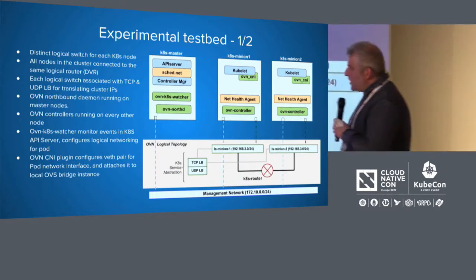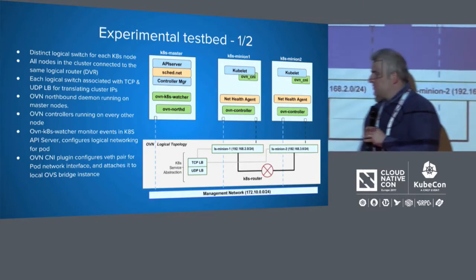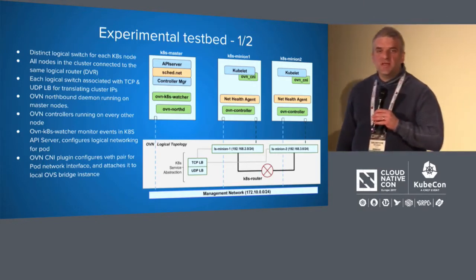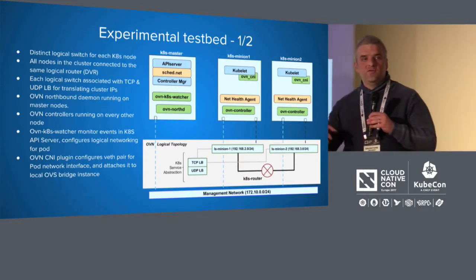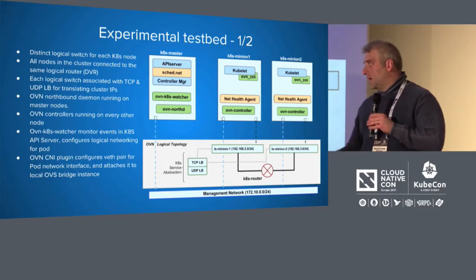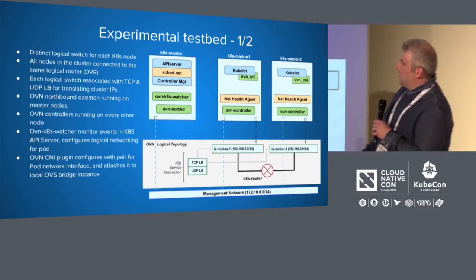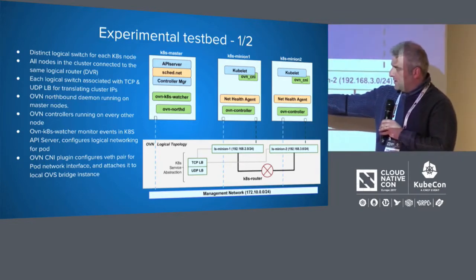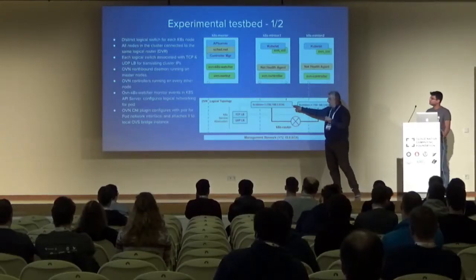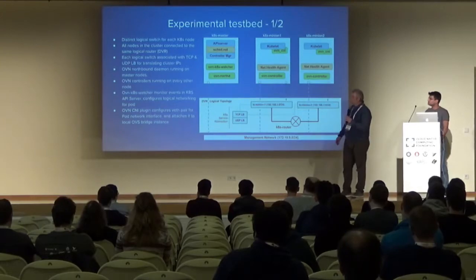For implementing the Kubernetes service abstraction, it doesn't leverage the kube-proxy component, but instead leverages OVN's layer 4 load balancing capability to implement an east-west distributed load balancer. Two load balancer instances, one for TCP services and one for UDP services, are associated with each logical switch.